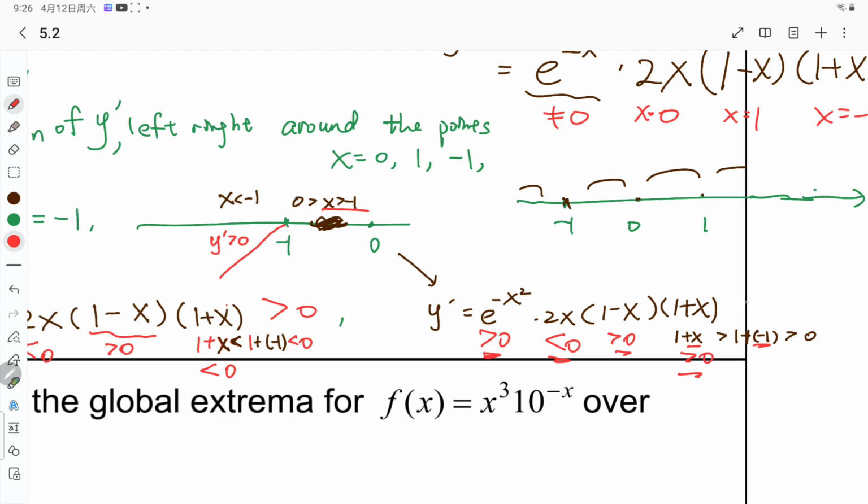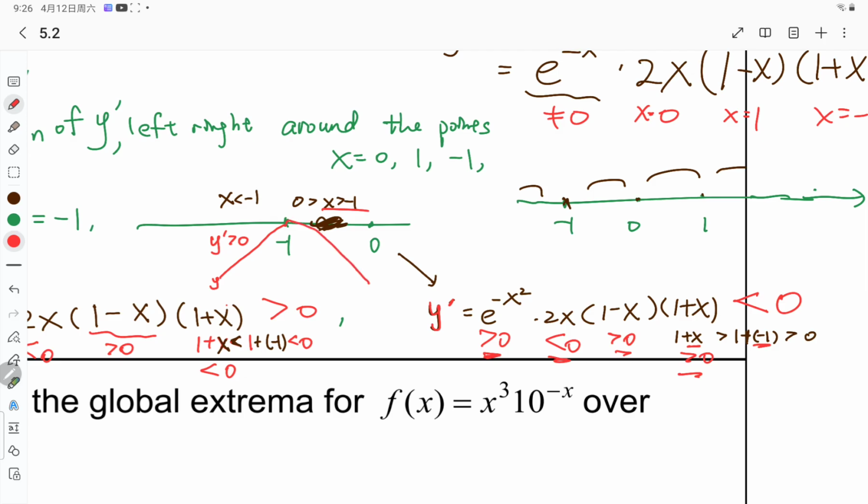So one negative, so this is going to be less than 0, right? So in this part, the shape is going down. Y prime is negative means the y graph, the red curve, is going down, okay?